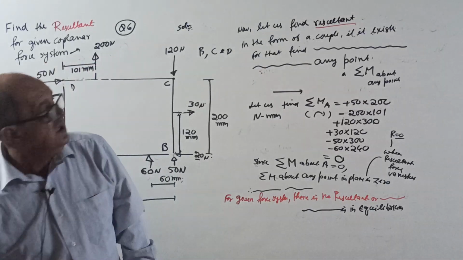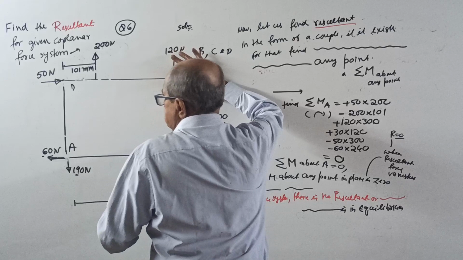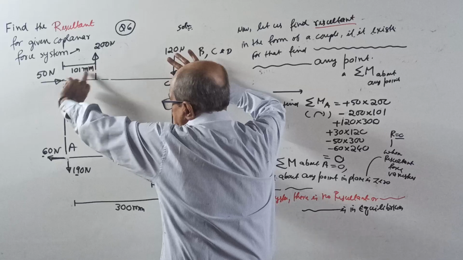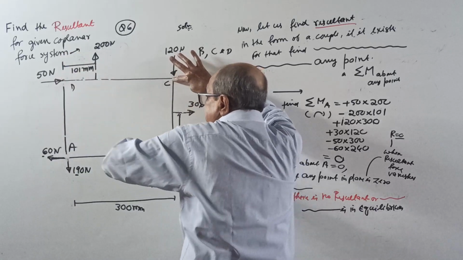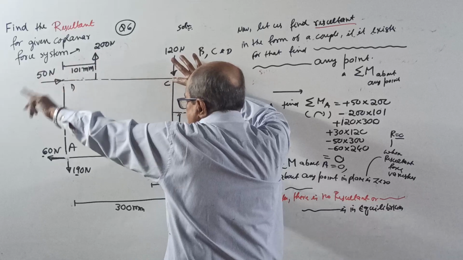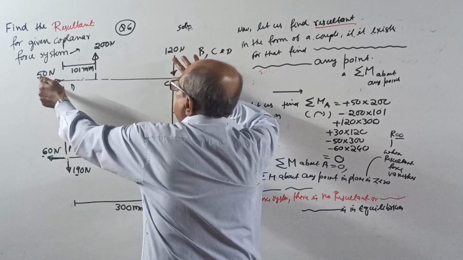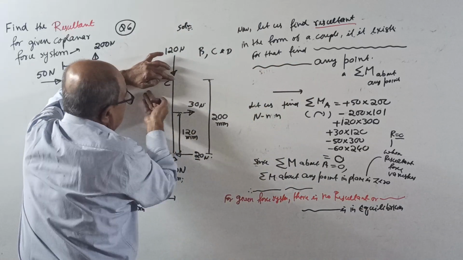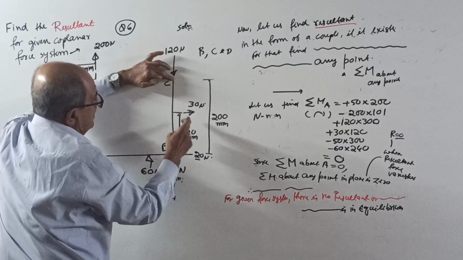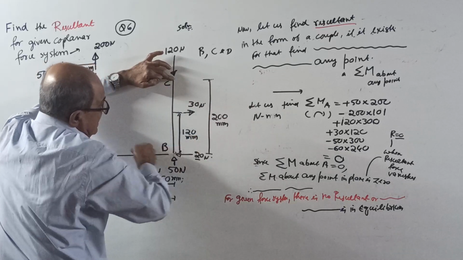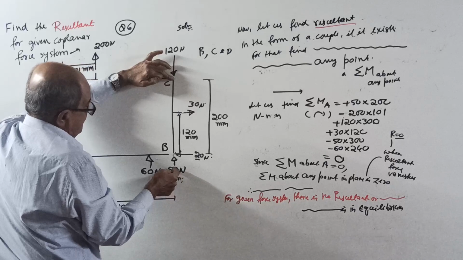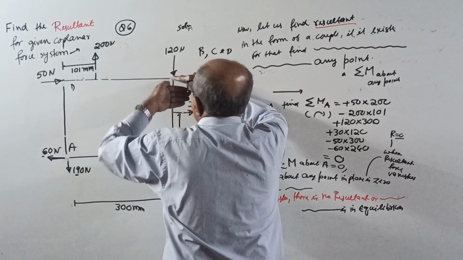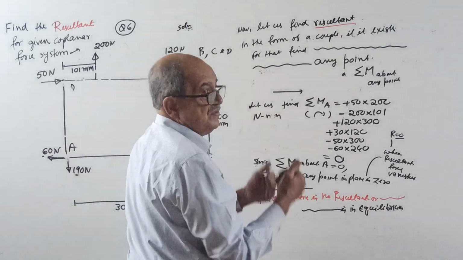0. If you want moment about C, start from here: minus 60 into 200, plus 60 into 200 clockwise, minus 190 into 300, which is 0, plus 200 into 199, minus 30 into 80, plus 20 into 200, 50 into 0, and then 60 into 60. 0.